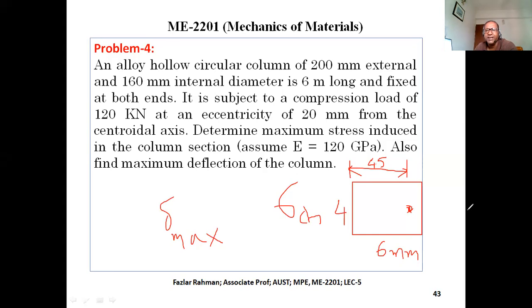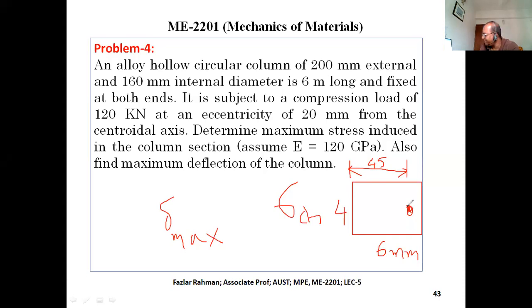What I am saying is, the cross section of the column is 4 by 6 in millimeter, and we are applying load right over here, perpendicular to the screen. Is it going through the CG of the cross section?